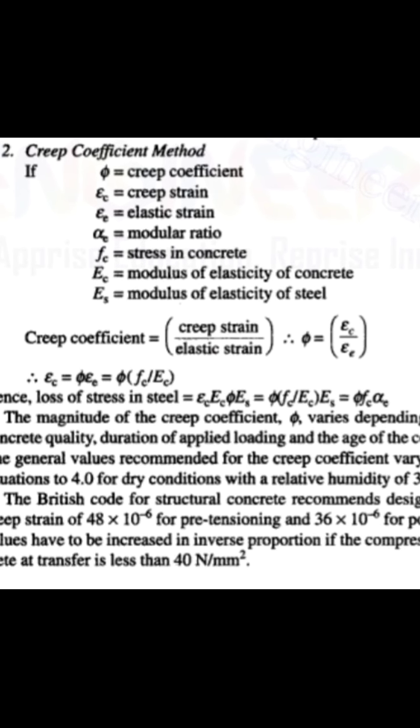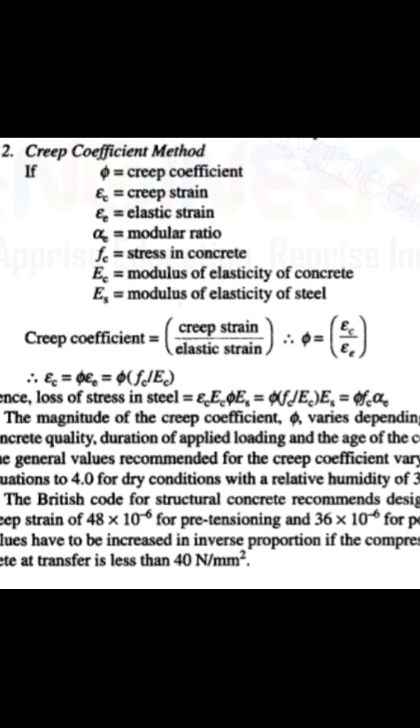See here, the creep coefficient is given by the ratio of the creep strain of the concrete to the elastic strain of the steel. Okay, so that is a coefficient, which is multiplied by the elastic strain of the steel.